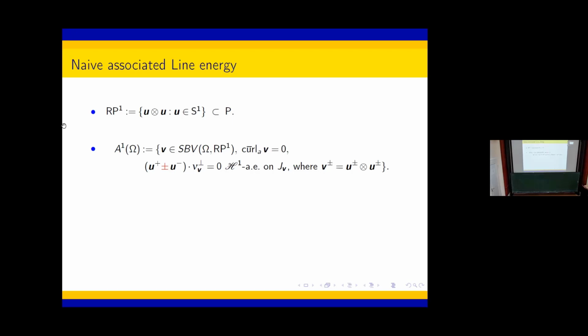Sorry, I'm coming back to the question. When you have a v that is curl-free, a v that is u tensor u, is saying that curl of v is 0 equivalent to saying curl of u is 0? Yes, if v is u tensor u, yes.